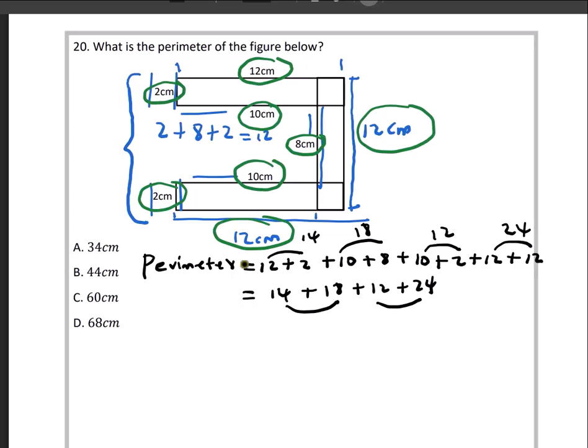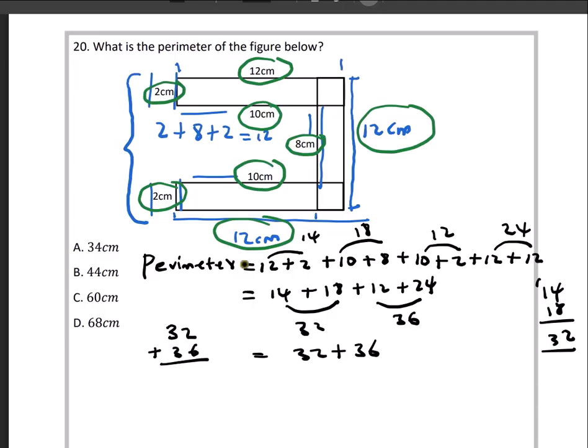So this is going to be giving us 36, and this is going to be giving us, that's 14 plus 18, so 32 here. So let's add this up together, 32 plus 36. Here we'll have 8, and here we'll have 6. So our answer is 68, option D.